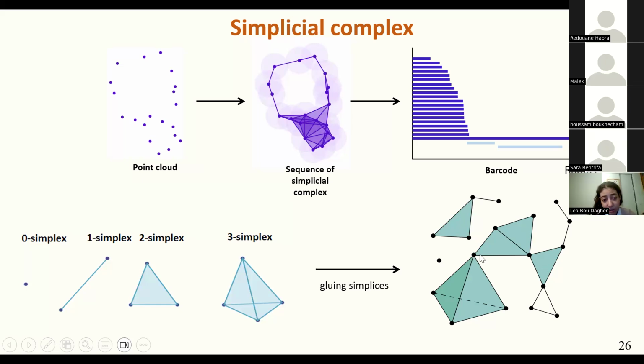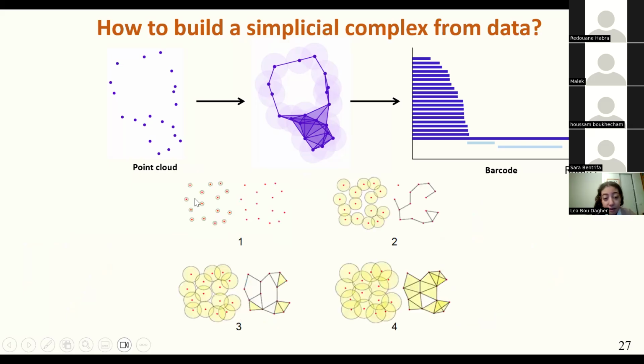But the question is how to obtain a simplicial complex from a point cloud. The idea is to take a ball centered at each point and make the radius of these balls grow. Each time we have an intersection between two balls, we add the one simplex that joins the centers. Like here, we have the intersection between these two balls. We add this edge between the centers.